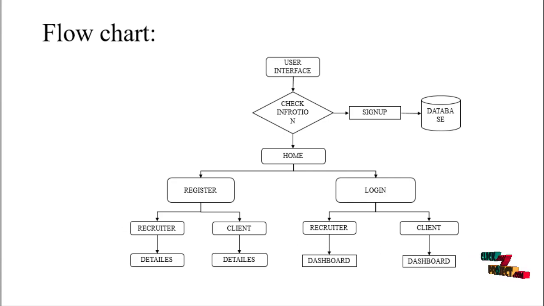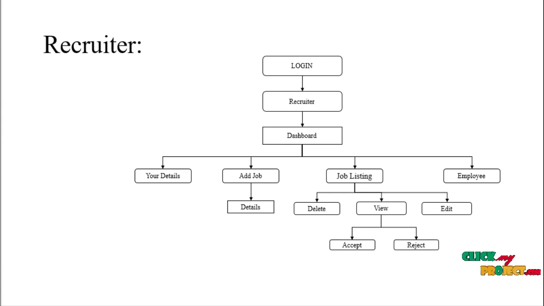On the recruiter side, this is the flow chart. The login page opens for the recruiter, and the dashboard will be shown. Your details, company details, or recruiter details will be shown, and Add Job is used to add a job with its details and requirements.